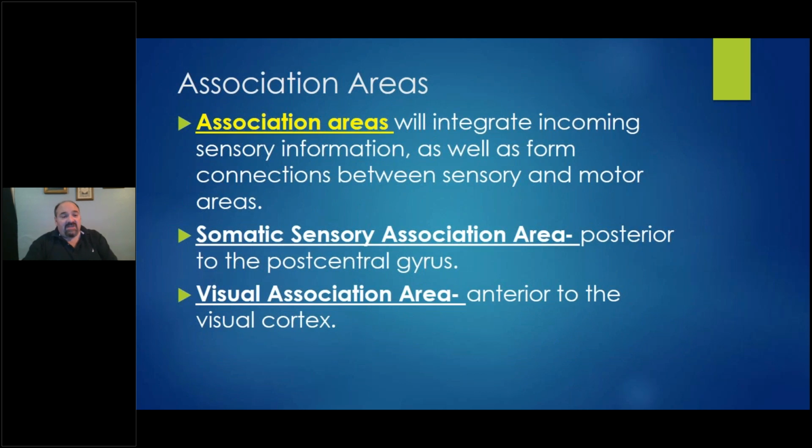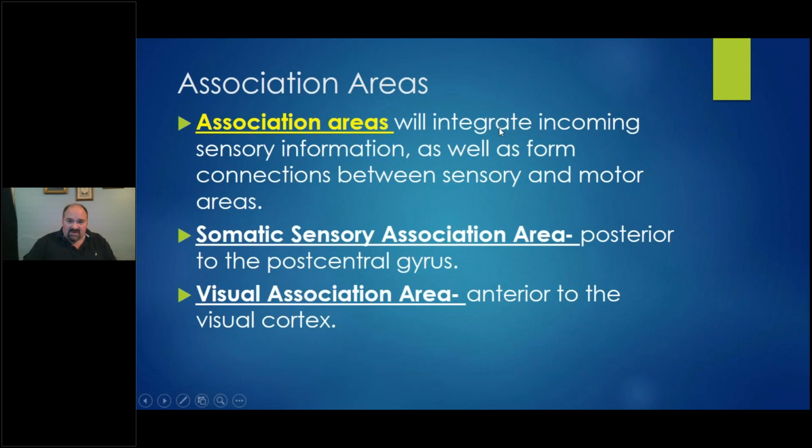Now there are association areas. These are areas that are not the specific area for a certain function, but they work in conjunction with it. So the somatic sensory association area is posterior to the postcentral gyrus, which is the somatic sensory cortex. This area works in conjunction with the somatic sensory cortex, and it's called the association area, as we'll have for the visual and other areas.